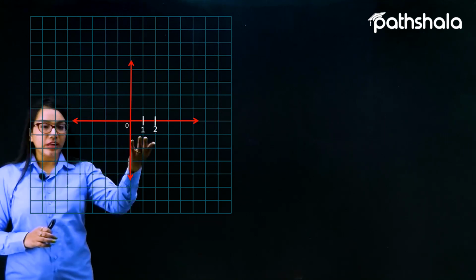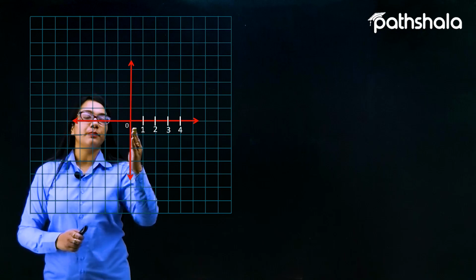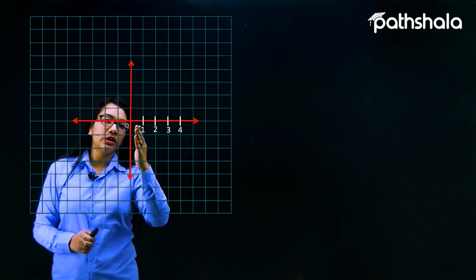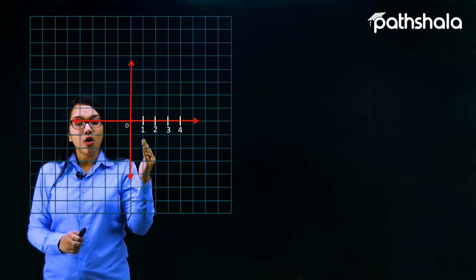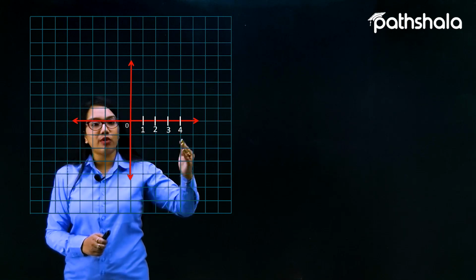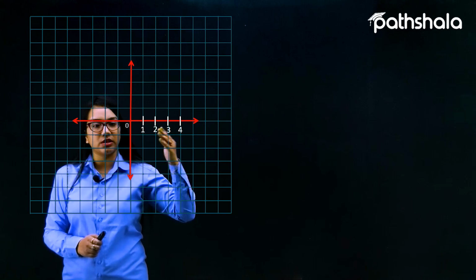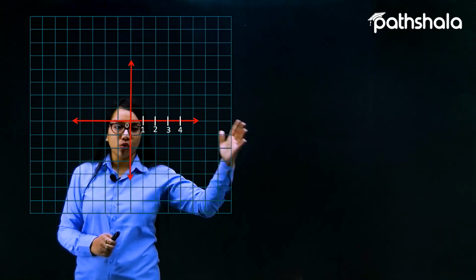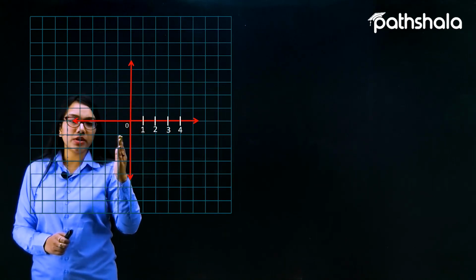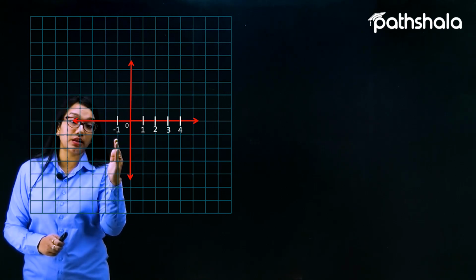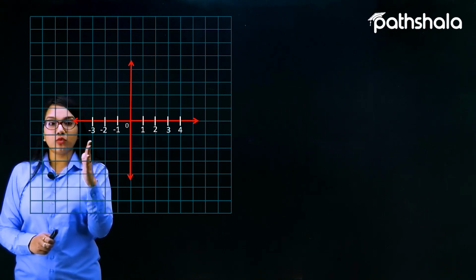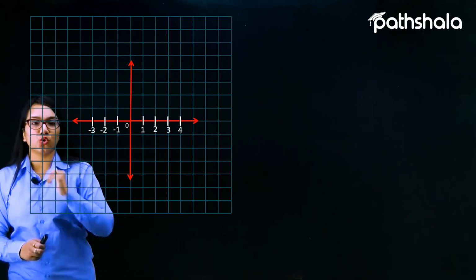The numbers on the right hand side of 0 are positive: 1, 2, 3, 4, 5 and so on, because this line goes on. Similarly, the numbers on the left hand side are -1, -2, -3, -4 and so on.